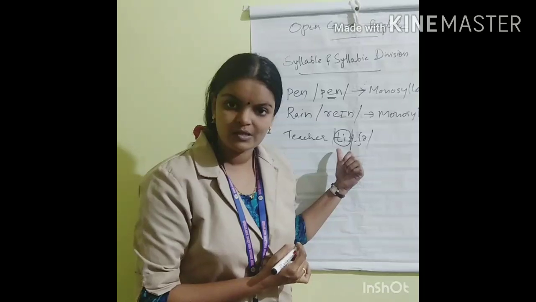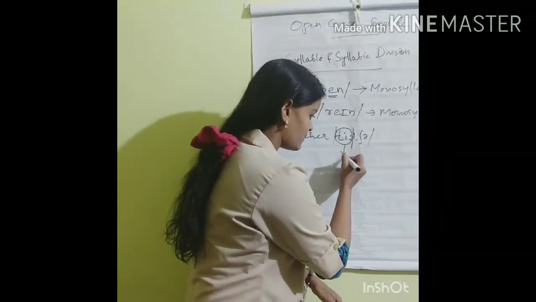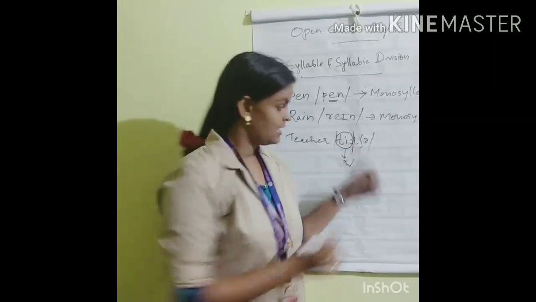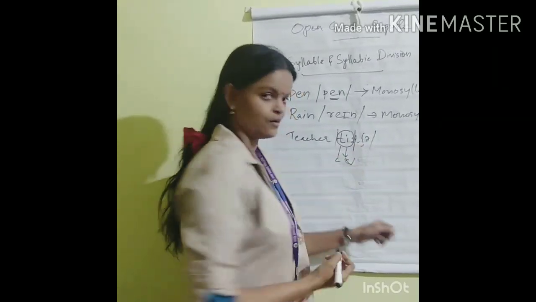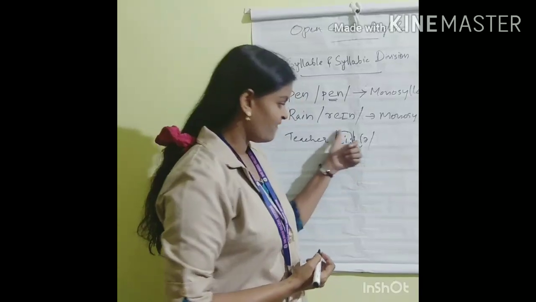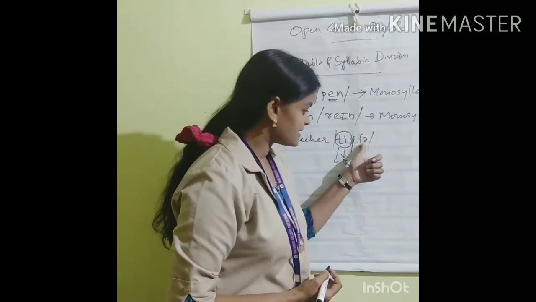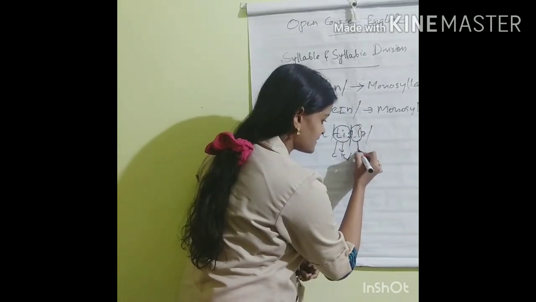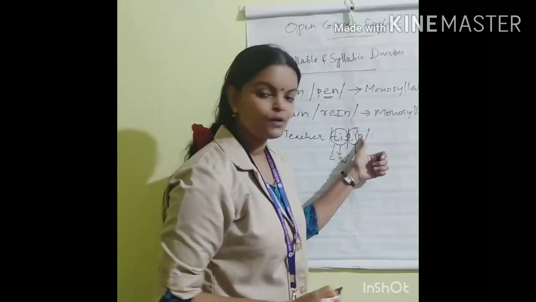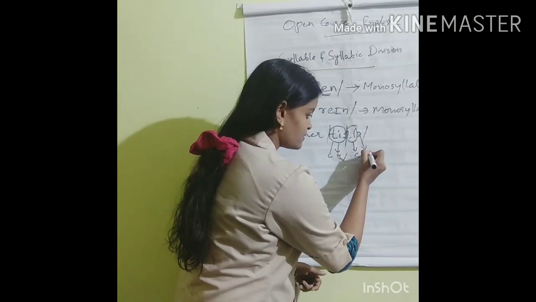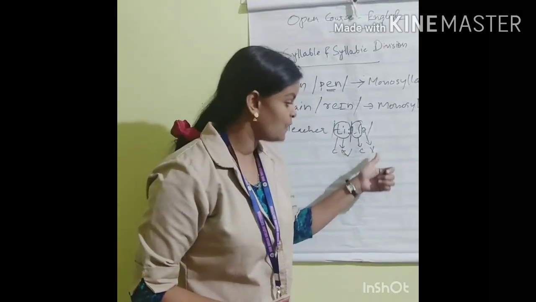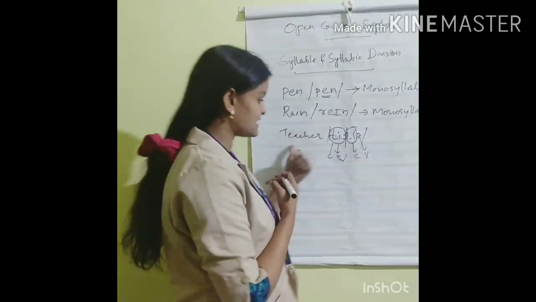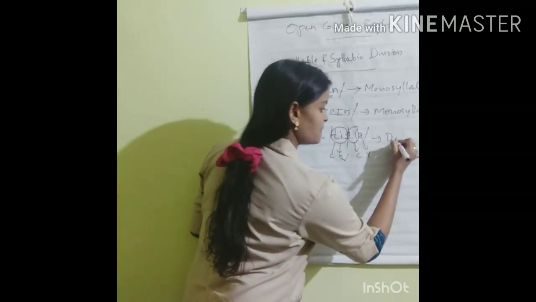Next is ch, a consonant sound, and a vowel sound. So here also we have a vowel sound. In total we have two vowel sounds, so this word is a disyllabic word.